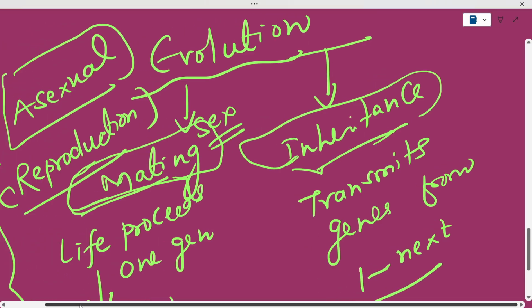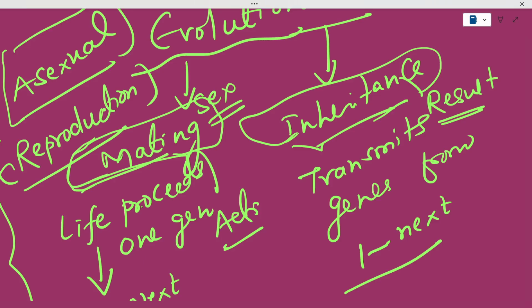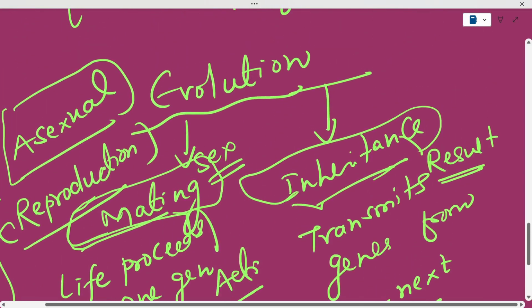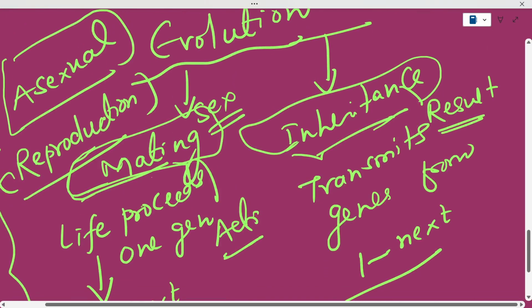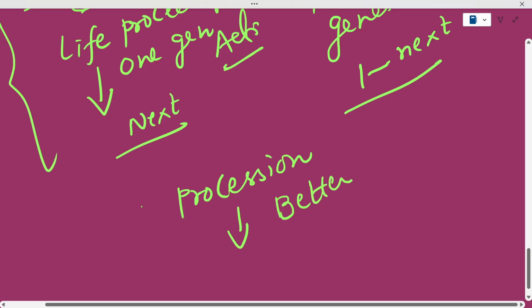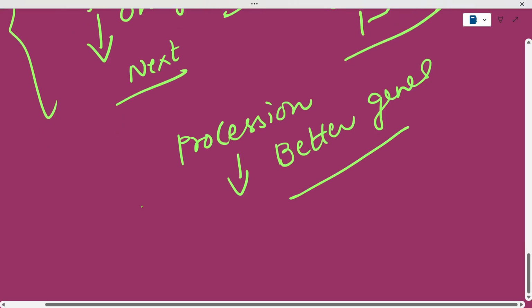So here we are talking about activity, and inheritance is the result, the outcome of the activity. So overall, evolution, which travels via two processes, mating and inheritance, leads to a grand procession of life, in which the better genes, the better traits, are transmitted ahead.